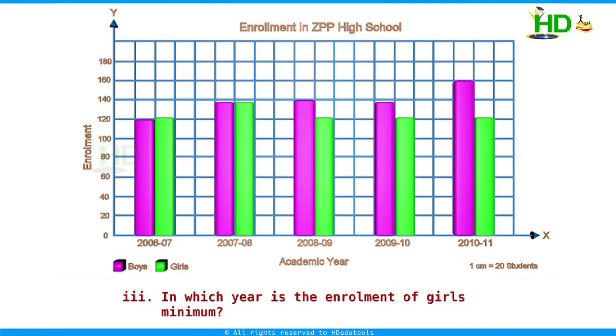In which year is the enrollment of girls minimum? We have to take only the bars related to the enrollment of girls. There is no comparison with boys. Just observe all these bars which are related to girls. Yes, in this year it is minimum, and during 2006 and 7, 8 and 9, 9 and 10, 10 and 11, the enrollment of girls is minimum and the same, it is 120.